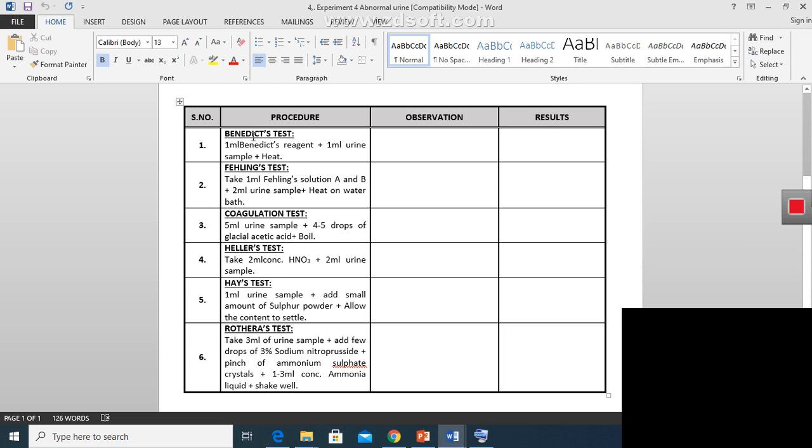If it is the Benedict test, it means it is the name of a chemical used as a reagent to perform this experiment, and this reagent is named after the scientist who discovered or invented it.